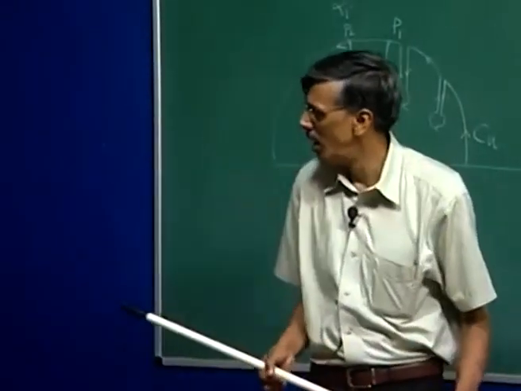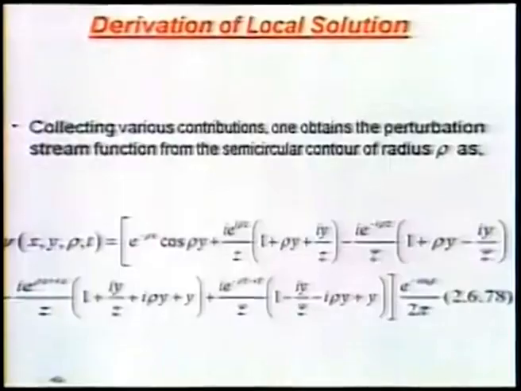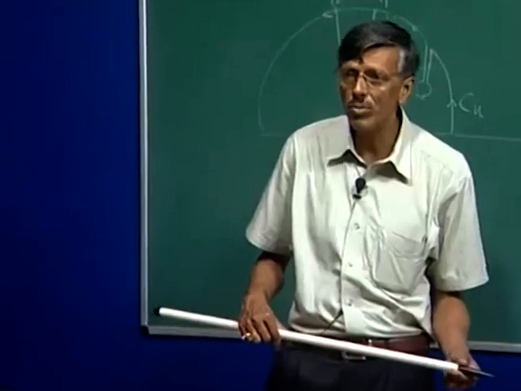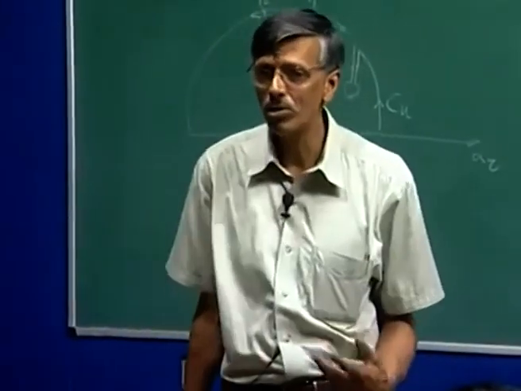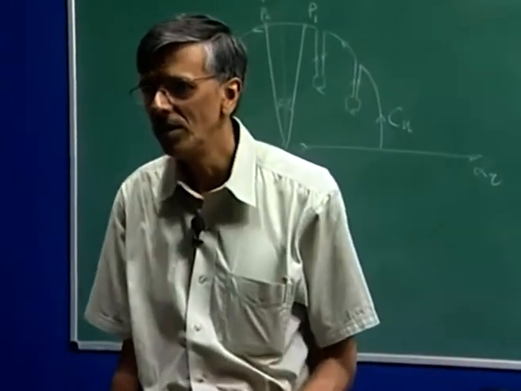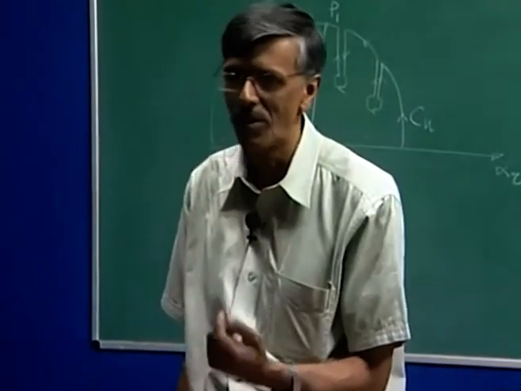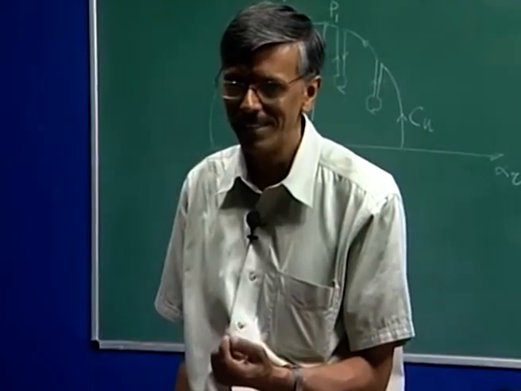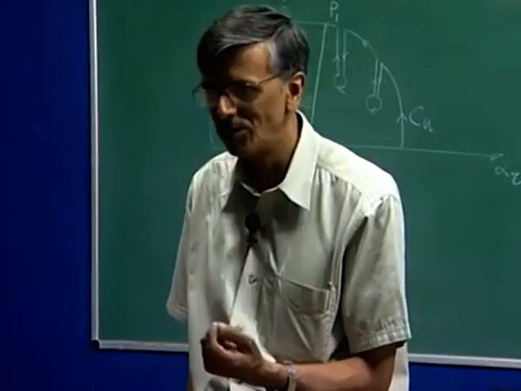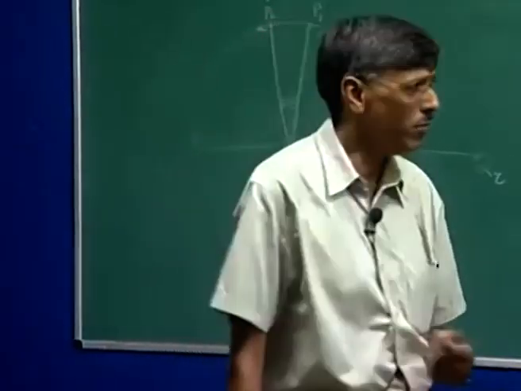However, what we can at least do is try to see what happens to the solution when we go to the point where we are exciting. That is at x equal to 0, y equal to 0. We can do that. So if we do that, what do we get?